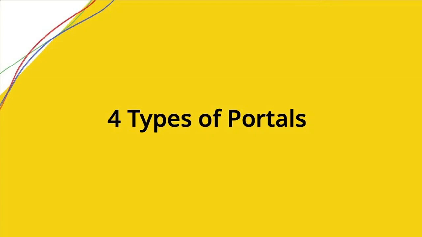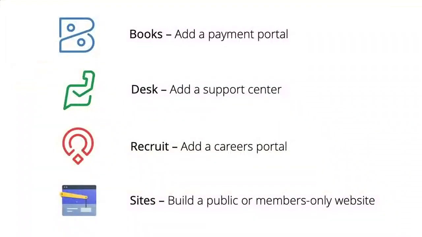There are 4 main types of portals that we talked about today. Zoho Books, that's the accounting application in Zoho. That's what gives you that payment portal where people can log in, see all of their estimates, invoices, and pay for those things. Zoho Desk, that's what allows you to do the support center where people can submit tickets, search through knowledge base articles, access a forum. Then there's Zoho Recruit.